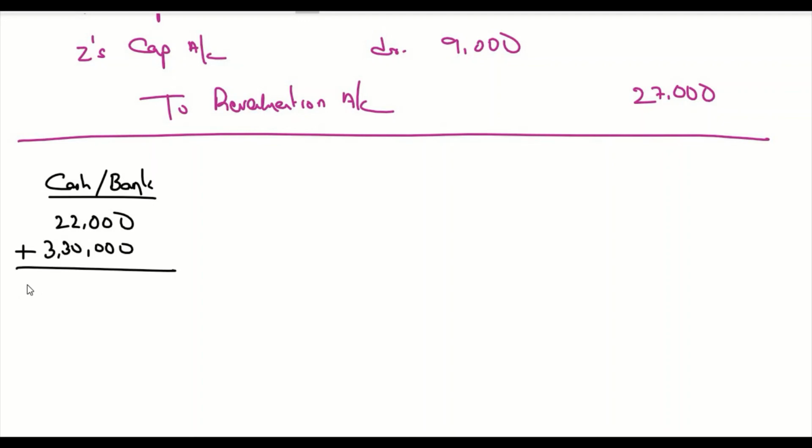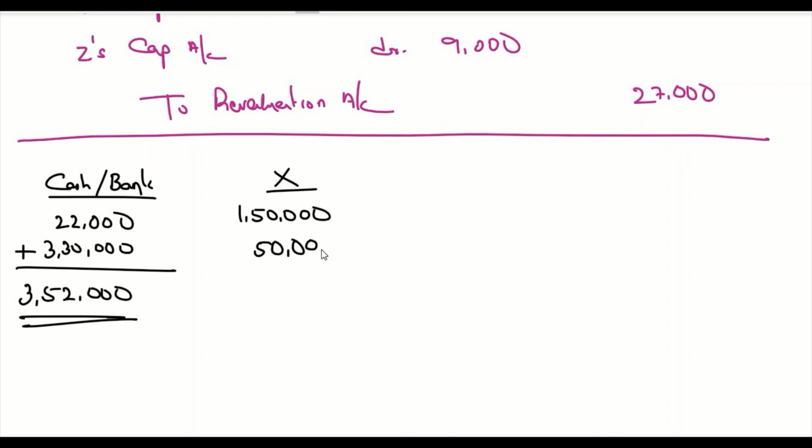So the balance of cash and bank is 3,52,000. Then X's capital account, initial balance is 1,50,000, and he is going to get 50,000 from the goodwill, and on the revaluation there is a negative 9,000. So this is going to be 1,91,000.